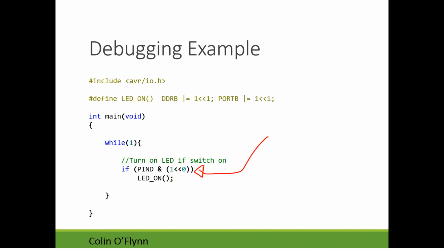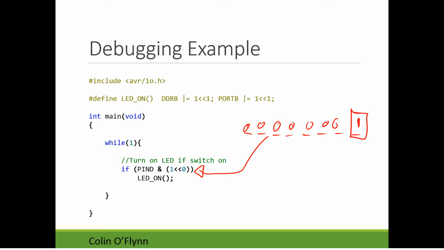I'm going to get in a value that's 8 bits, and I want to check if this bit is set. So I'm going to AND it with 00000001, and see if the bit's set in the end.